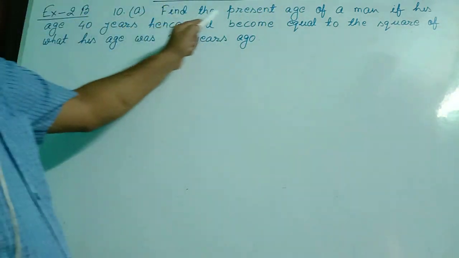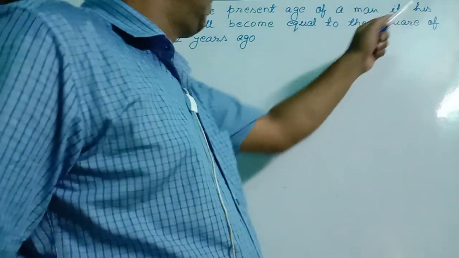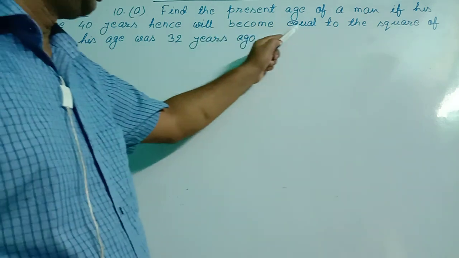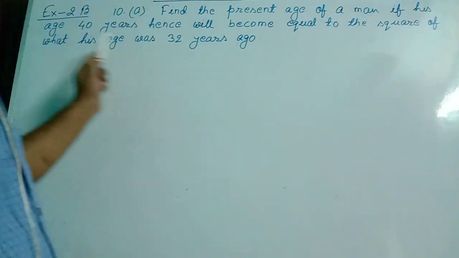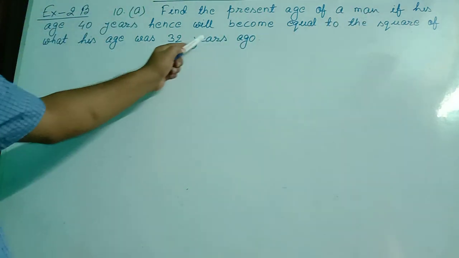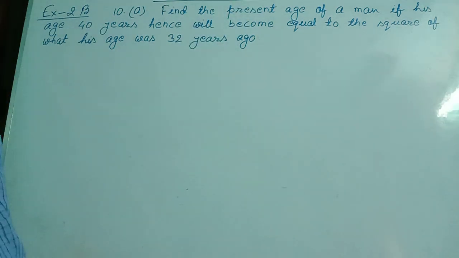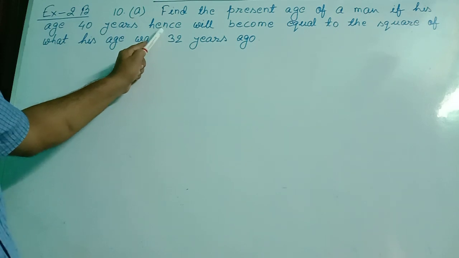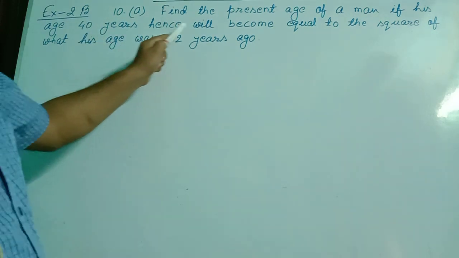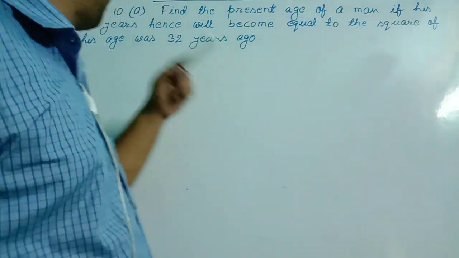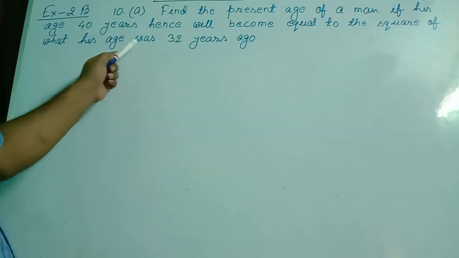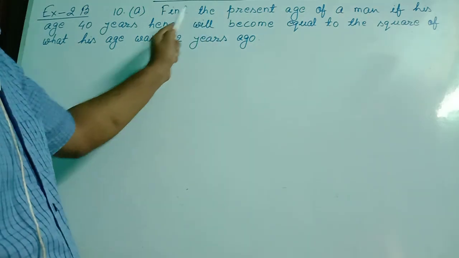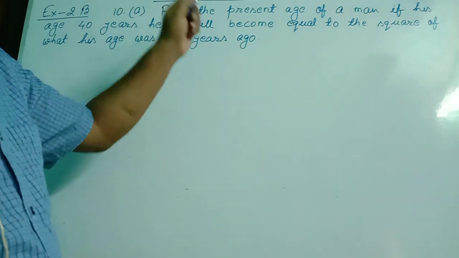Find the present age of a man if his age 40 years hence will become equal to the square of what his age was 32 years ago. 40 years hence means after, and ago means before. This is the meaning of hence, after, ago, before.